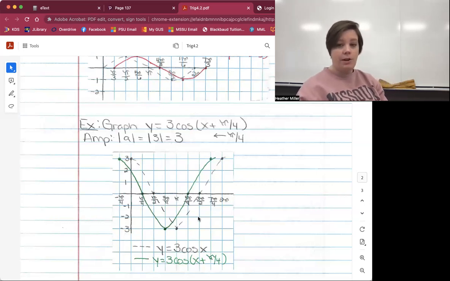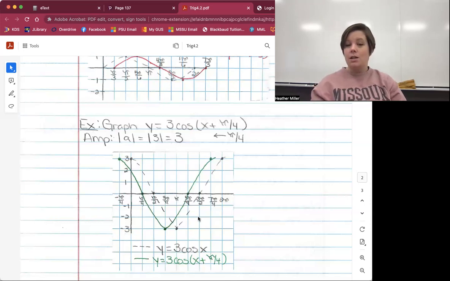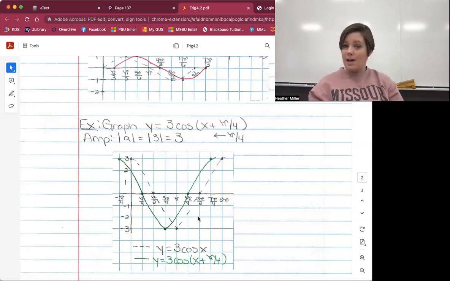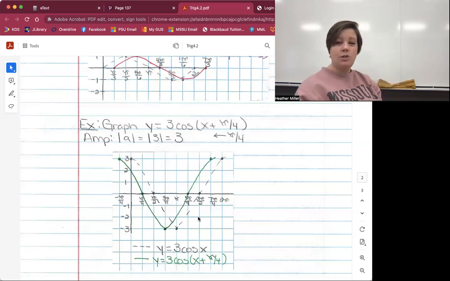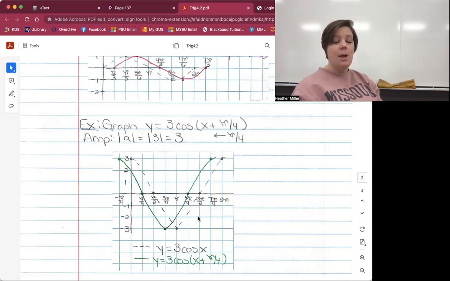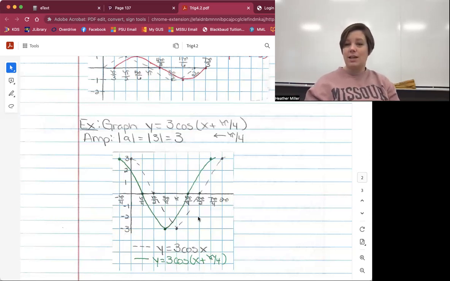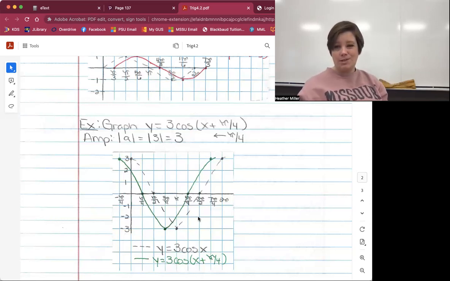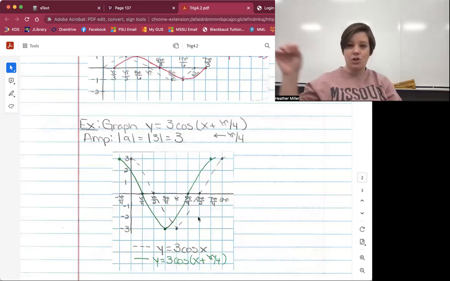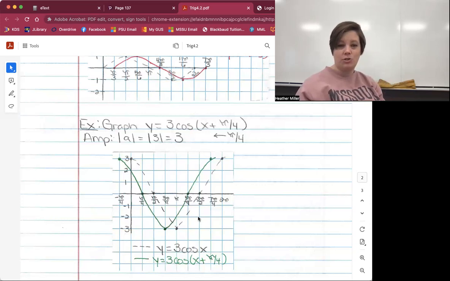You can pick different values for X and plug them in. I would say, hopefully at this point, if you're in trigonometry, you're a little bit past that. And you can make more educated guesses on what to plug in for your X based on what you know sine and cosine should look like in their basic forms. But that could help you at least get started on what it should potentially look like.